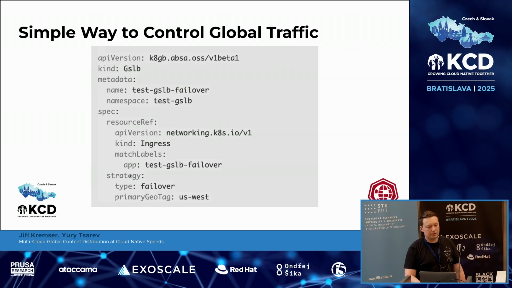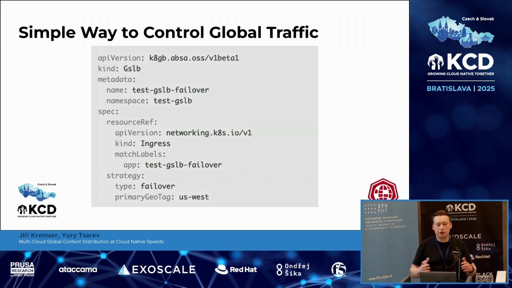The spec is the strategy itself. In this example, it's failover, with a failover strategy configuration of a primary geotag. And we have a resource reference where we can point to a standard ingress, and that's how we resolve transitively the application health status.